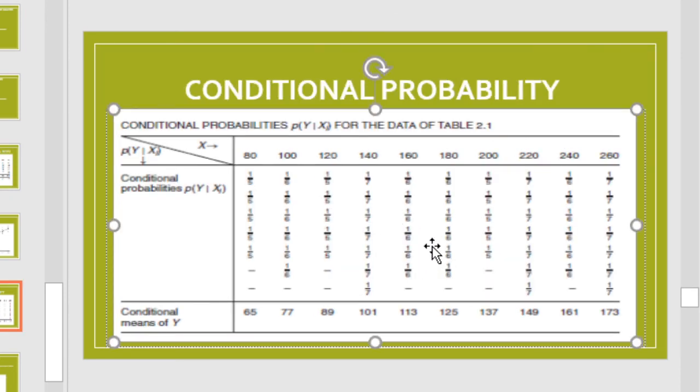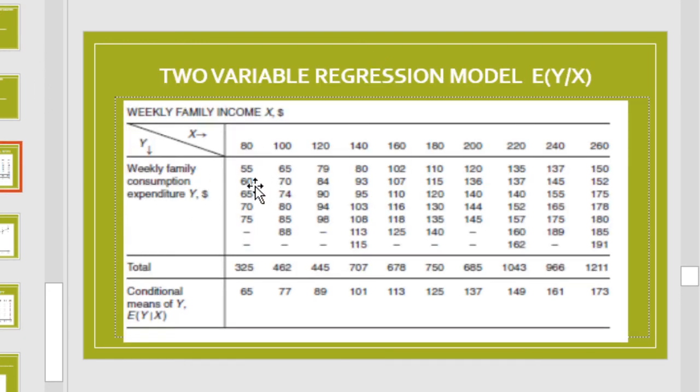Here, the conditional probability of y given xi is given. Corresponding to a given or fixed level of income, we are given the probabilities. In the first group, we know that we have 5 families, and therefore the probabilities are equally divided.